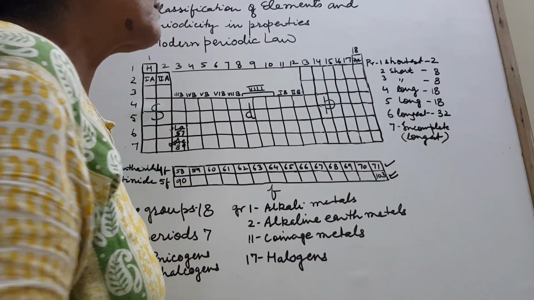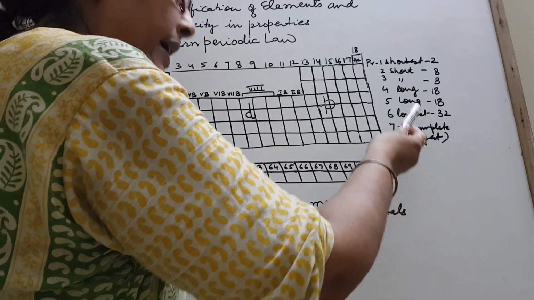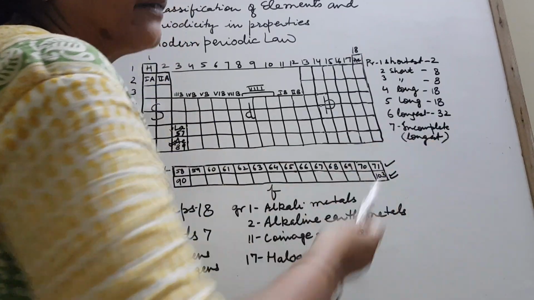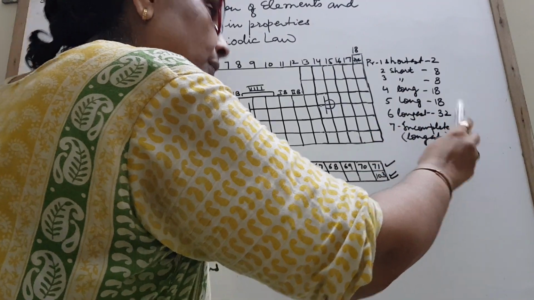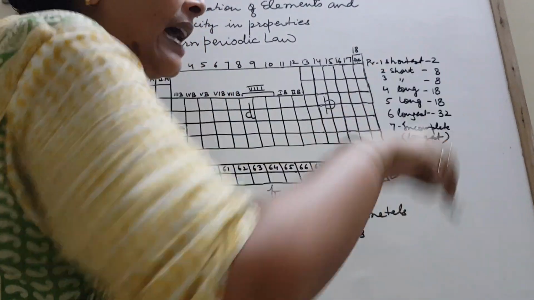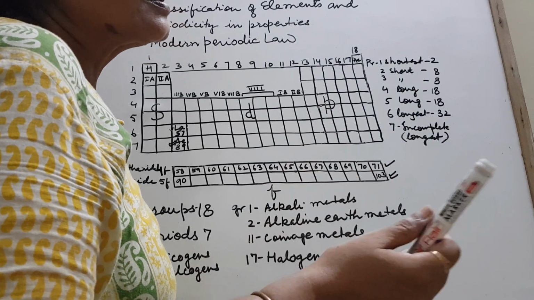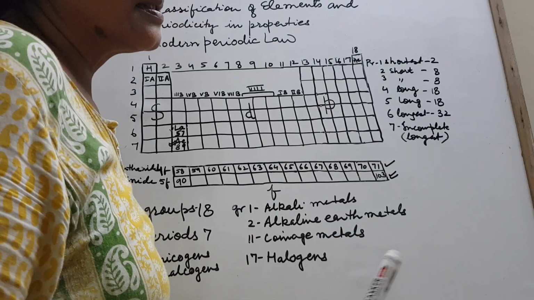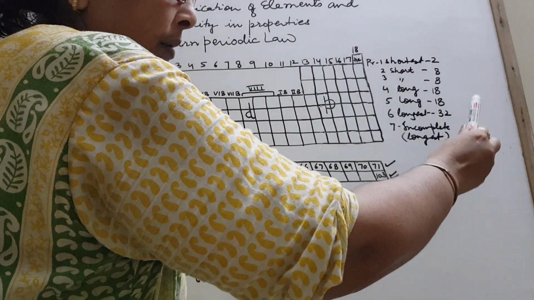The seventh, some books report as incomplete. Some books call it longest again, because both can have 32 elements, but some are still not reported. But mind you, some new books and science magazines are reporting all 32 elements.